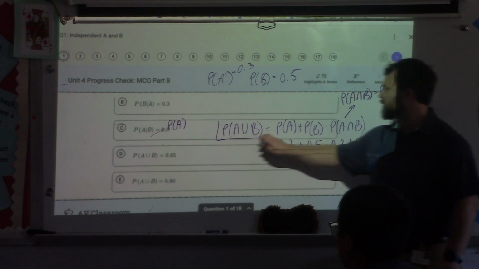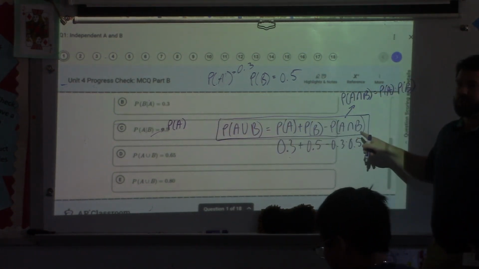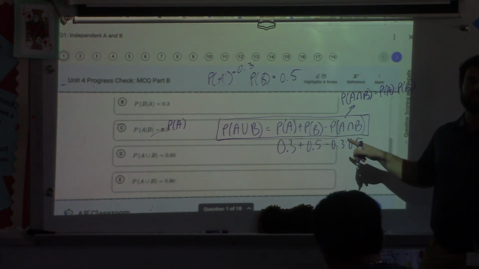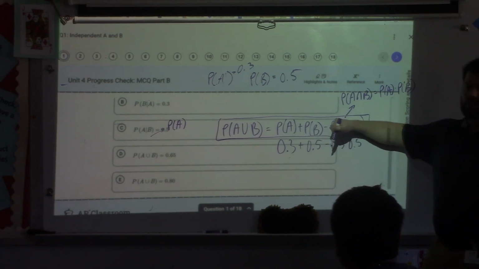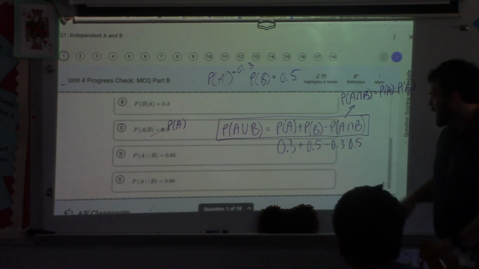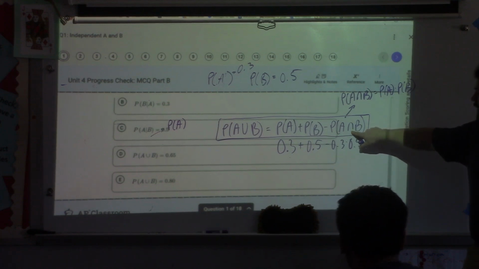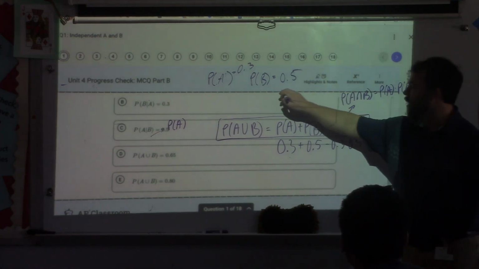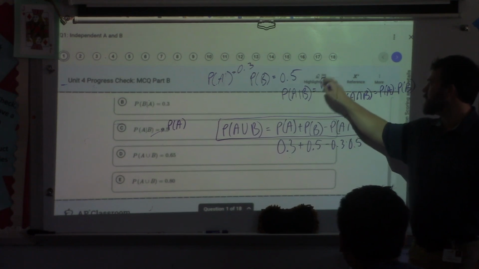Listen, general just means it always works. This is always true. If they're mutually exclusive, or what's the other word for mutually exclusive? Disjoint. Yeah, disjoint. This is 0, so you can ignore it. The general addition always works, but we need to recognize that I need that intersection, and one place we always have an intersection is in the conditional probability.